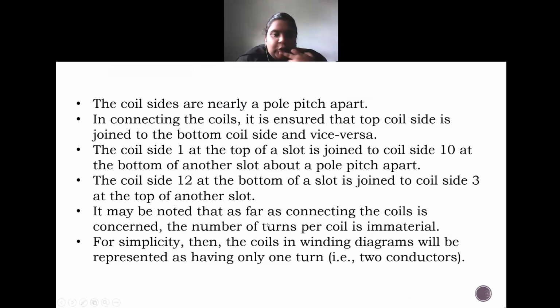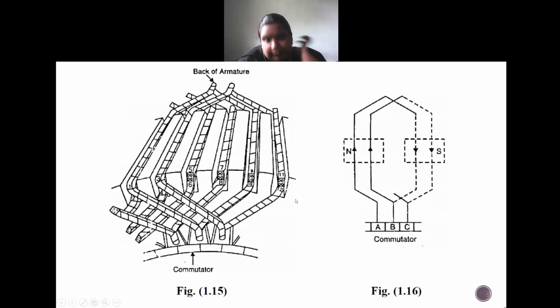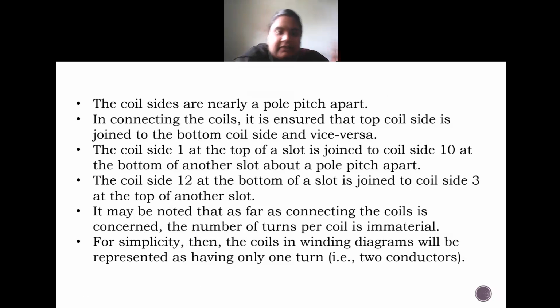Okay, it may be noted that as far as connecting the coils is concerned, the number of turns per coil is immaterial. The number of turns per coil is a different matter, but here how the connections are numbered is important. For simplicity, the coils in winding diagrams will be represented as having only one turn, that is two conductors.